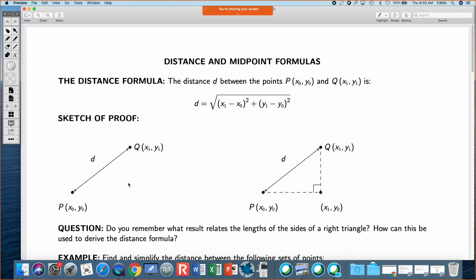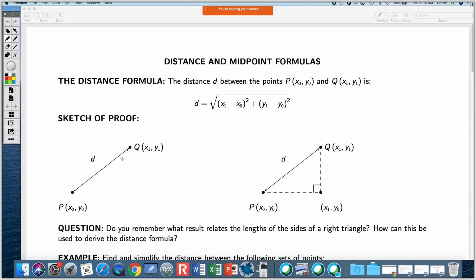So suppose we've got 2 points, P and Q, and we're trying to figure out the distance between P and Q. To be more specific, distance is going to be measured as the length of the line segment that connects P and Q. If you have 2 different points, they determine one line between them, and we're looking for the length of that line segment.